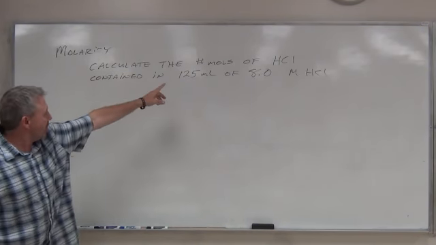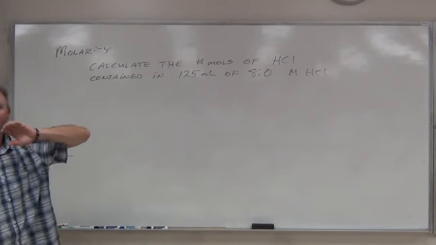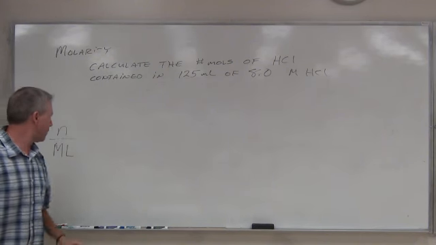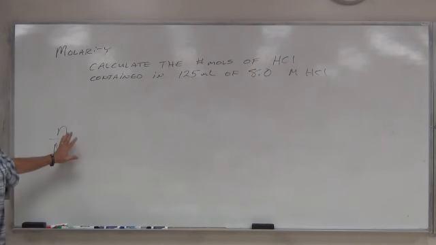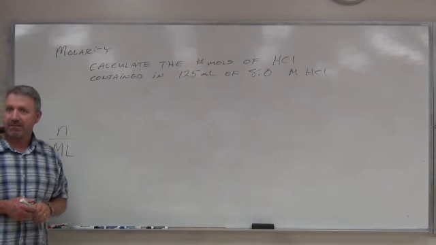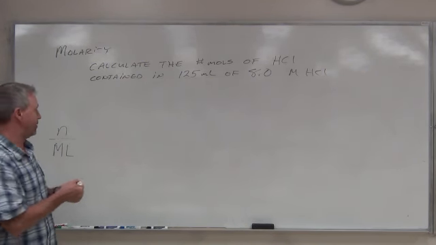Calculate the number of moles of HCl in 125 mL of 8 molar. There are a couple of different ways we can approach it. First of all, we can look at our algebraic expression. What am I looking for? Number of moles. I can cover up number of moles. That's molarity times liters, not milliliters, liters. The volume has to be in liters.